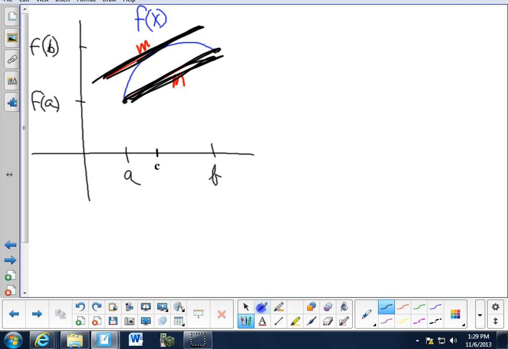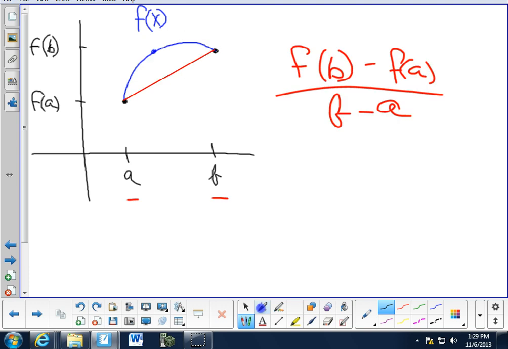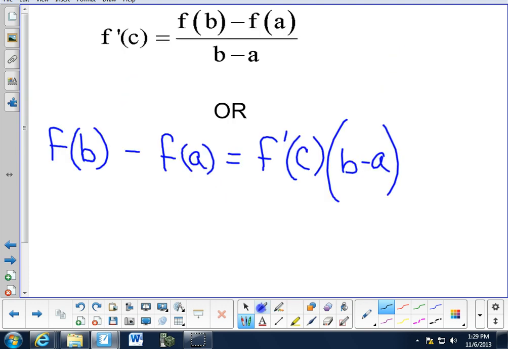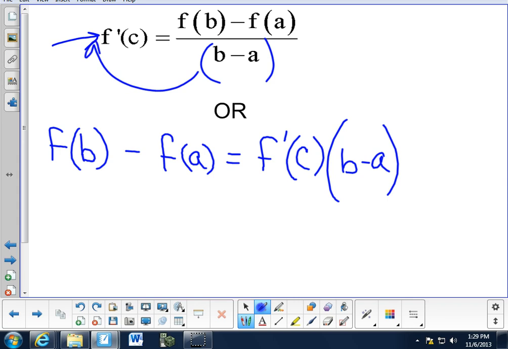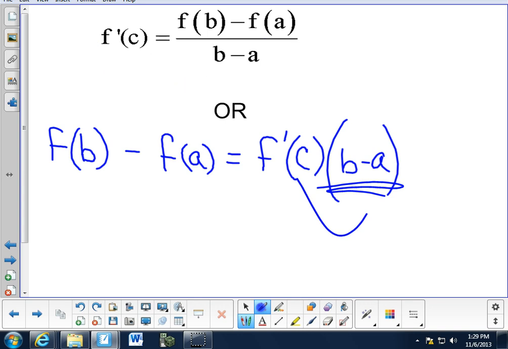Got a story for you. I'll tell you about it in a second. Now let me come back to this equation. The book will take this equation and do some things to it. What they've done is just simply taken the b minus a and multiplied it up here with the f prime. So they got the b minus a multiplying times the f prime. And what's left on the other side is f of b minus f of a.